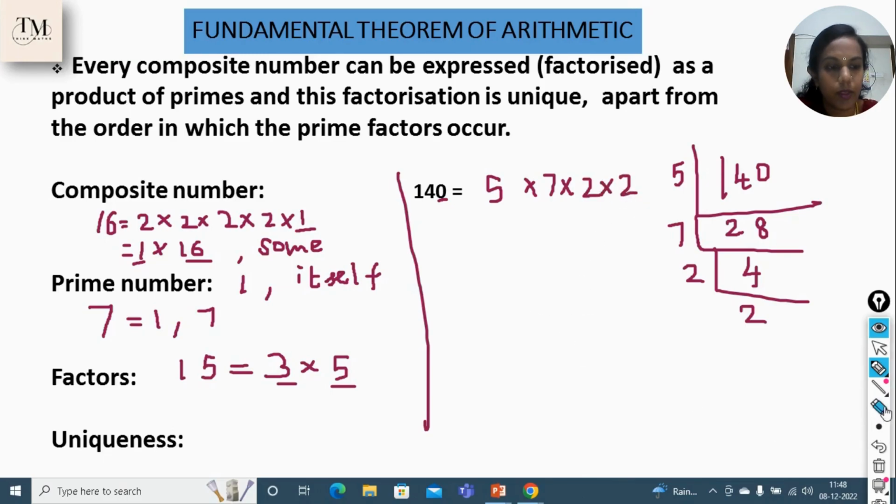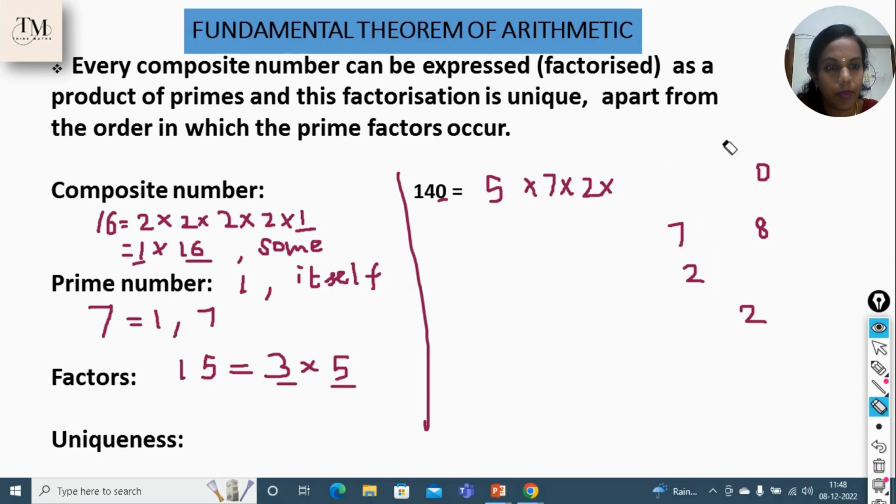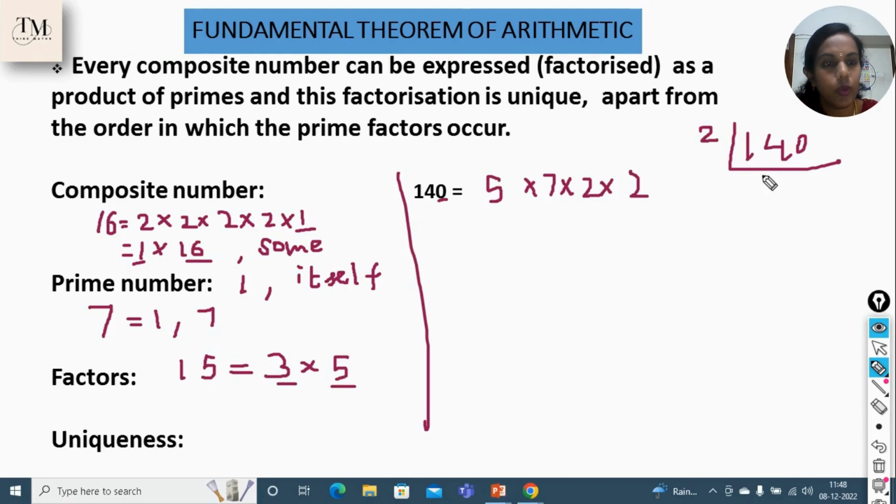Also, if I start with 2, 140 is also divisible by 2. So I start by dividing 140 by 2. 7 twos are 14, 0.